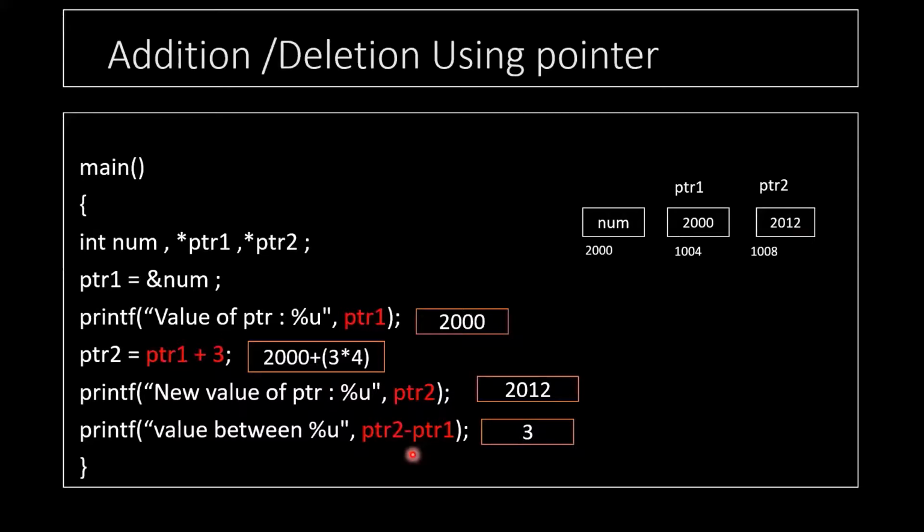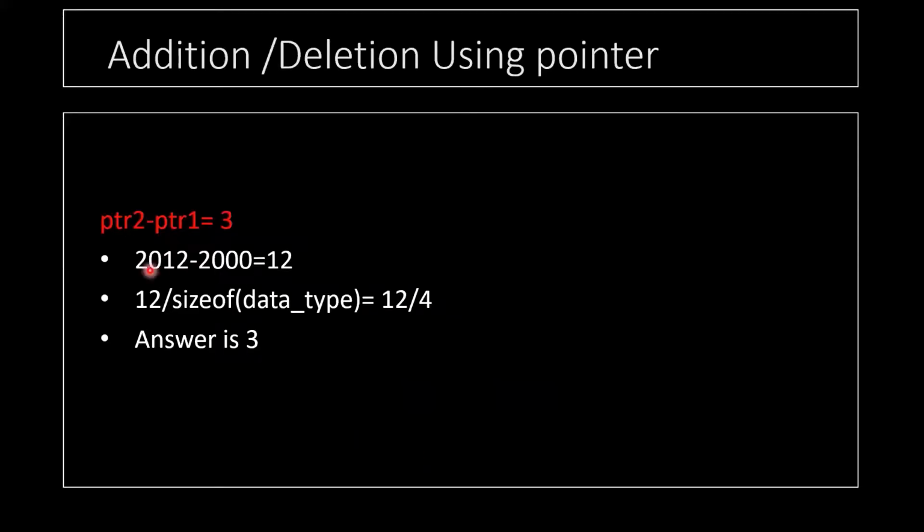There is a simple formula for it. 2012 minus 2000 is 12, but we have to keep the size of the data type in mind: the difference between the addresses is divided by the size of that particular data type.